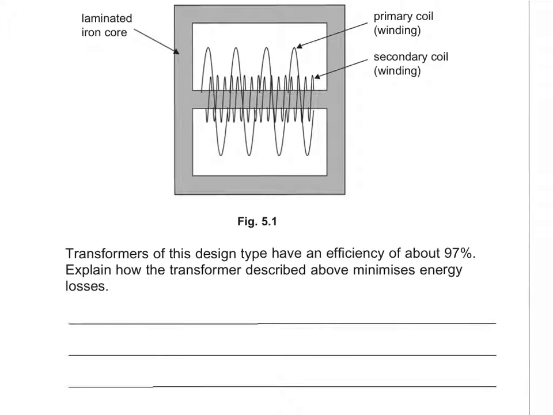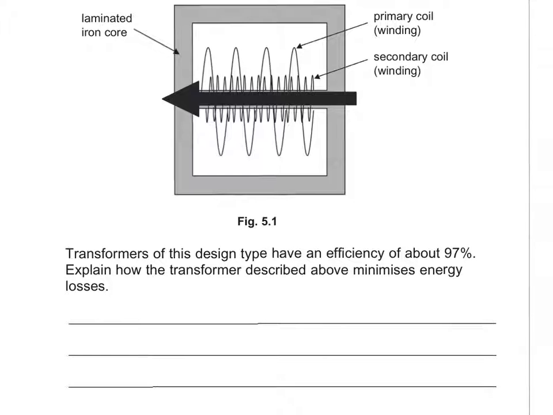So if you imagine that field starts out pointing this way in the coil, and then the primary coil reverses its current because it's got an AC feed, that then reverses all of these little domains, and that requires a little amount of energy loss and produces heat in the coil.